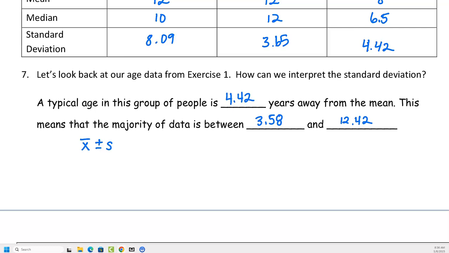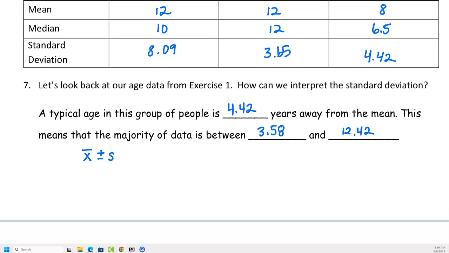So it's going to be the mean, which in the data set was 8, plus or minus the 4.42. So it's going to be 8 plus 4.42. Let's do minus here. And then the second one will be 8 plus.